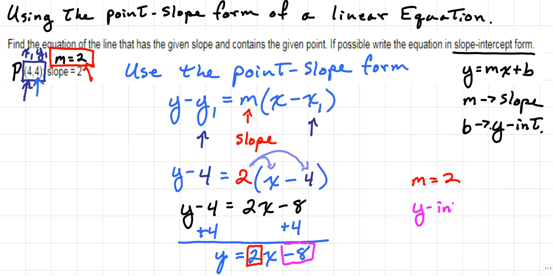So the y-intercept will be equal to (0, -4). And that is how you take a point and a given slope for a line and use the point-slope form of the linear equation, and then solve it for y to get the slope-intercept form of the equation.